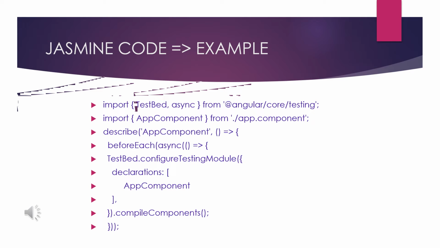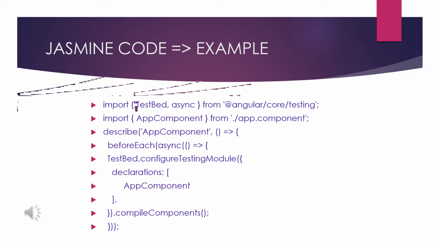I have given a simple example. In this example, from the first line I have given an import. The first ones are TestBed and async. These are mainly used for testing, and I'm importing an app component. For testing this app component, I need these, and describe refers to what I'm describing, what I'm going to test.